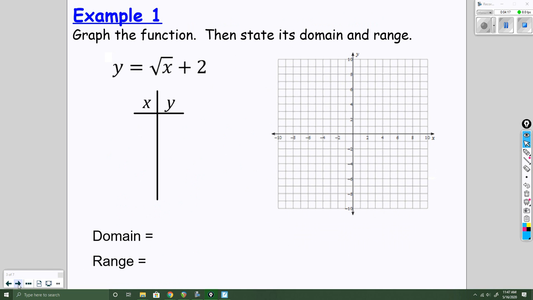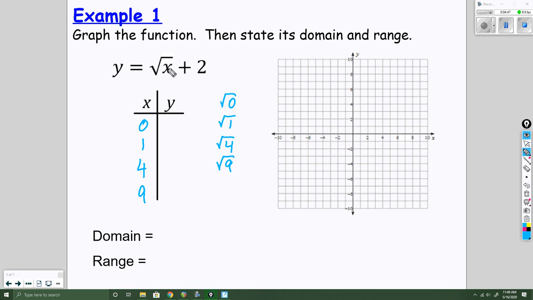So if we take a look at the next one, once again, to choose the input values, let's think, what does x have to be for us to take the square root of those nice values that we had? In this case, x is going to be our radicand, so we can just choose x to be 0, 1, 4, and 9.